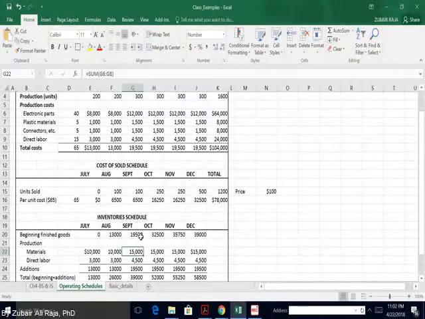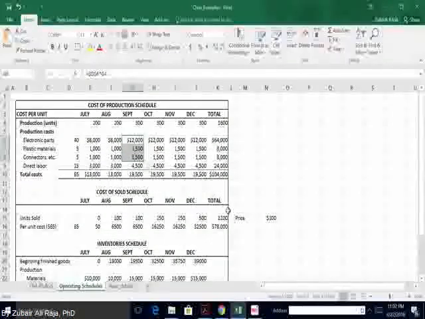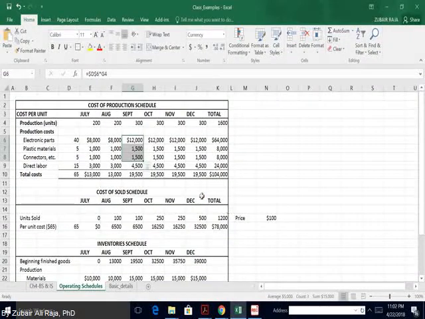Now I'm expecting that you will be able to figure out where this 15,000 is coming from. This 15,000 is coming from these three rows. 12,000 incurred under the head of electronic parts in order to produce 300 scanners. Then plastic material was worth $1,500.